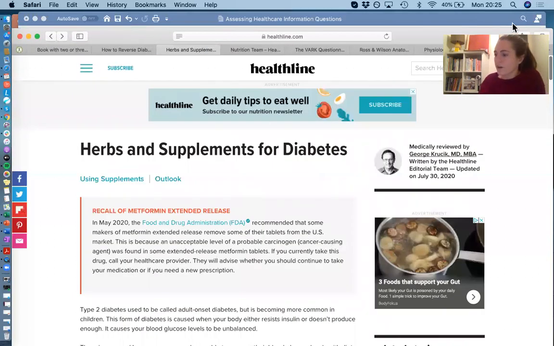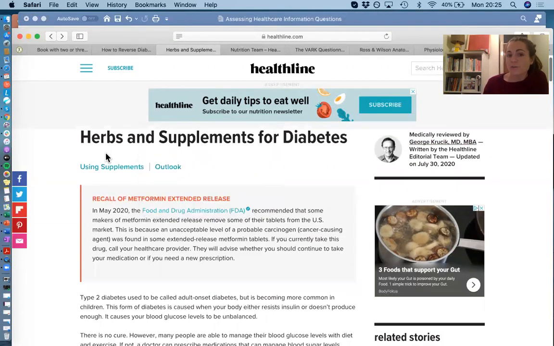What I'd also highlight here is that this article is written by the Healthline editorial team. So we don't know exactly who on the team has written it. And it's medically reviewed by George Kruick, who is an MD with an MBA. You could question, is he actually qualified to review this article?